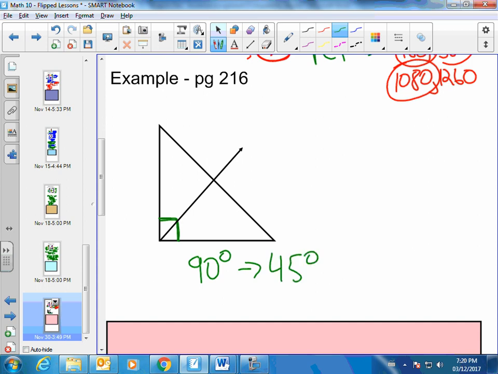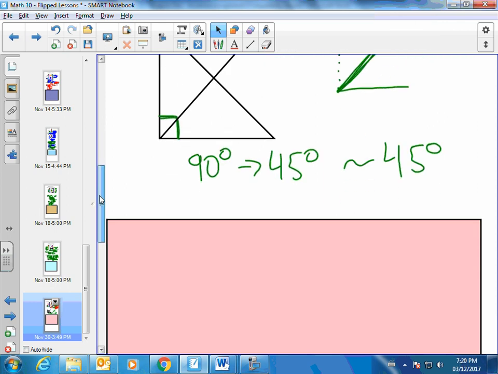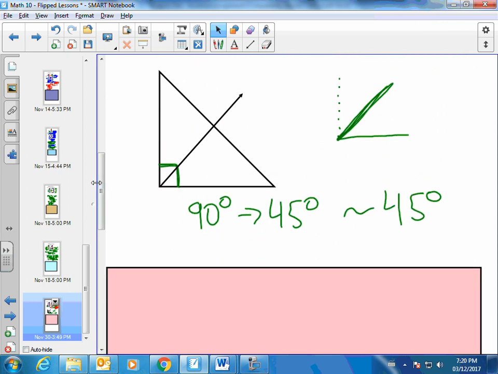So if I see an angle that I think looks like it could be about half of 90, then it's safe for me to say that something is approximately 45 degrees. This becomes super helpful when we're looking at different sized angles.